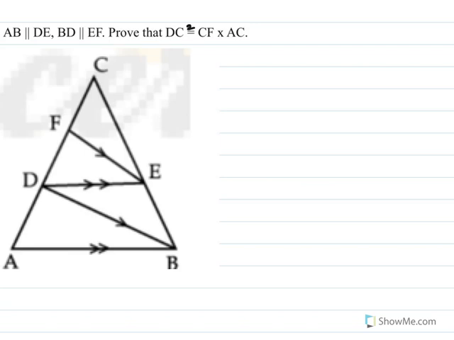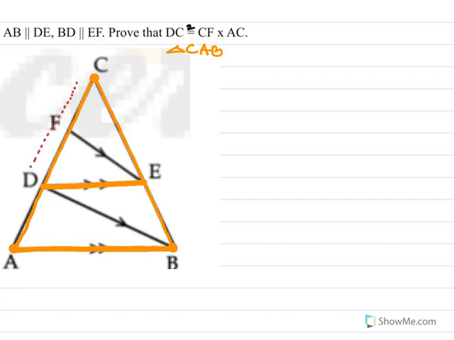Here AB is parallel to DE and BD is parallel to EF. We need to prove this. So first we'll take up the triangle CAB. We have the parallel side. We have DE parallel to AB. So we will use BPT. To use BPT, we know it will be what?